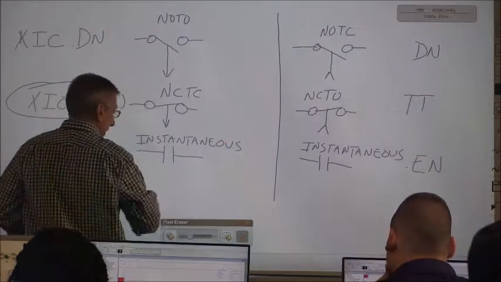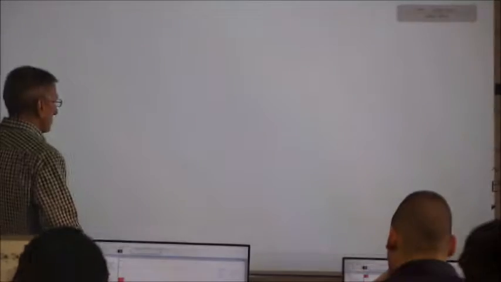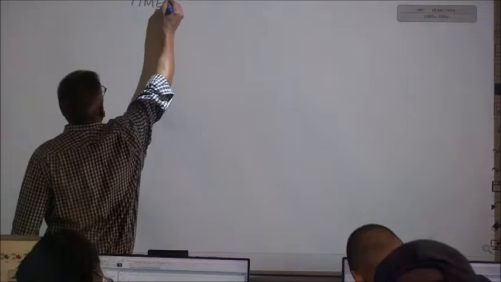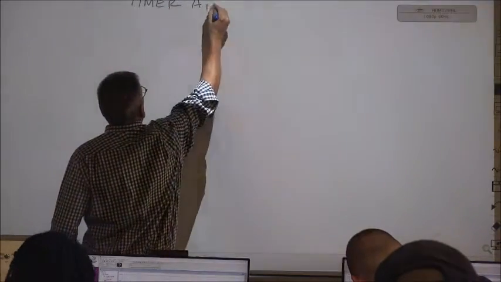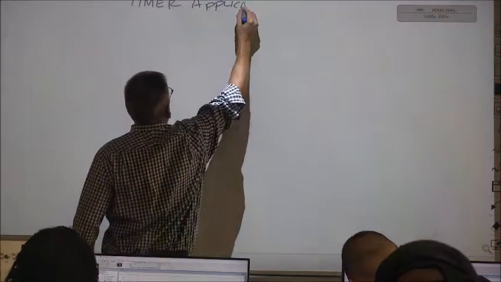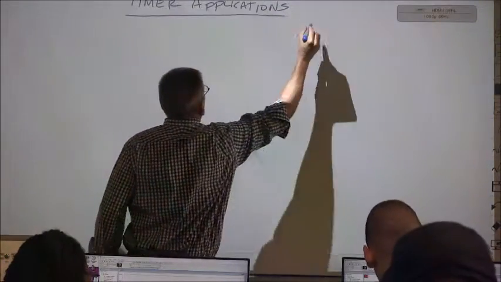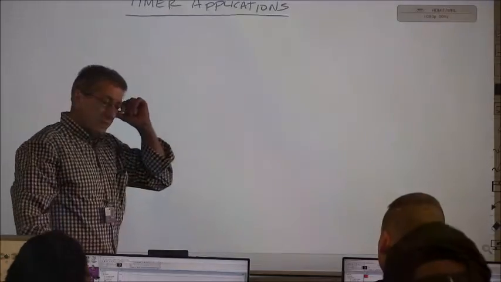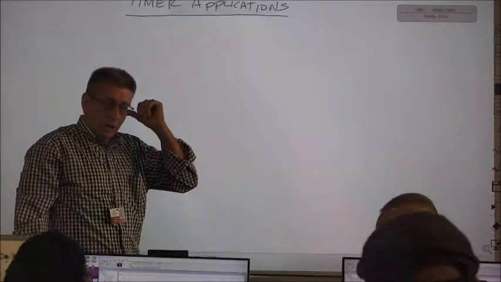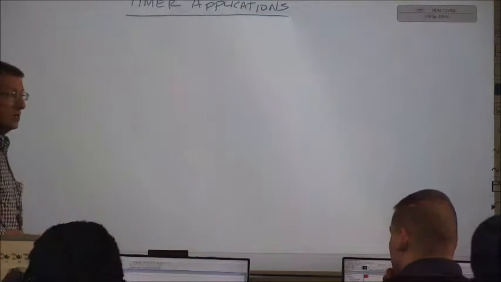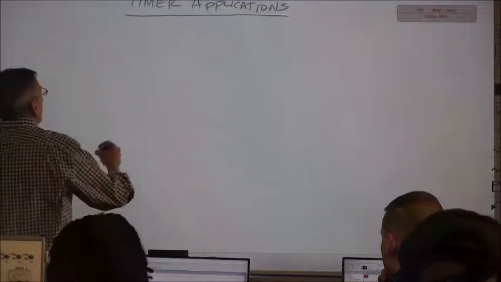Something we haven't talked a lot about is timer applications. There are some real-world applications for timing, and we're going to talk about them. There are a few of them in the book, but the book does not necessarily talk about real world stuff all the time, which you're actually gonna see a lot of.